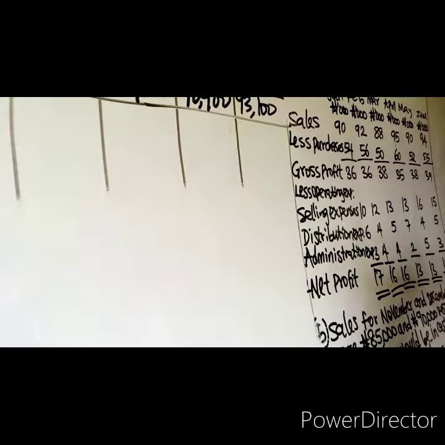Now let's go through the note. Note D. Purchases of November and December 2019 were 48,000 and 50,000 naira respectively. Note E. 75% of purchases will be paid for immediately and the balance after 2 months.